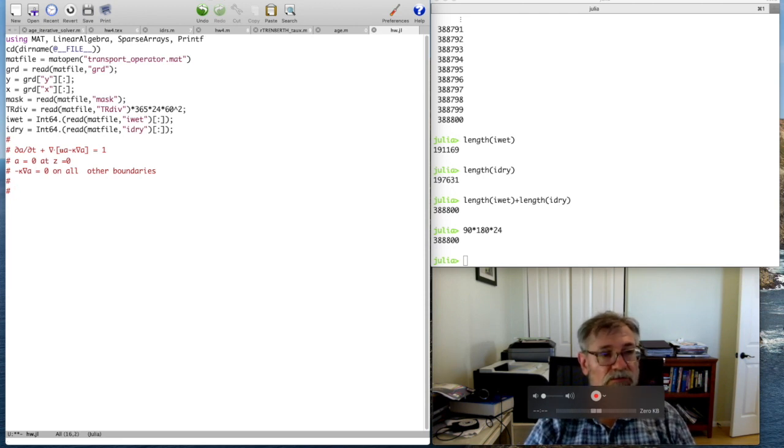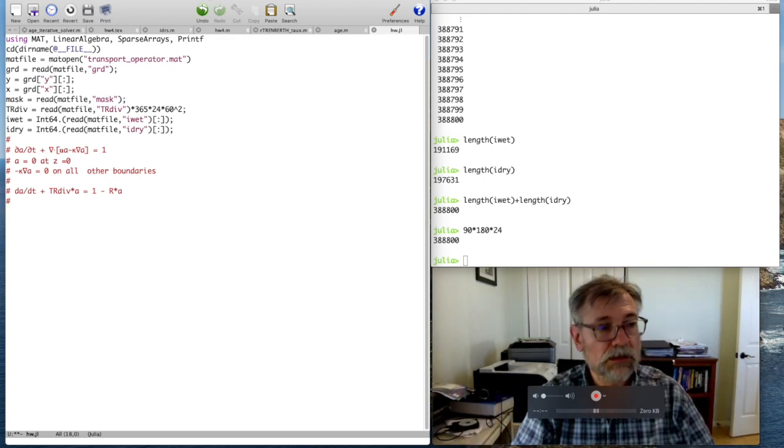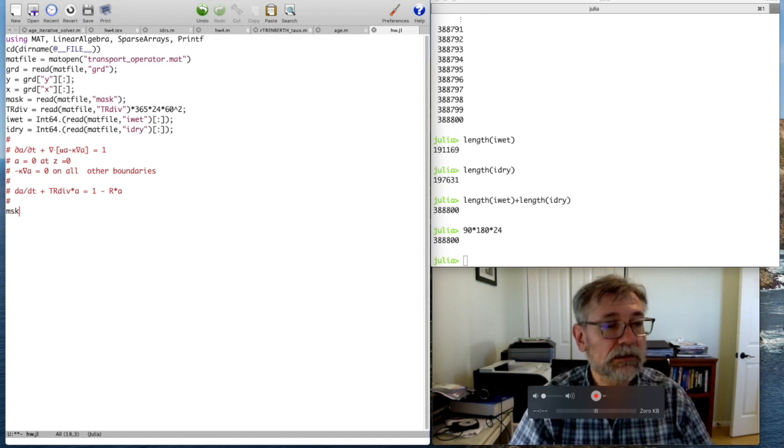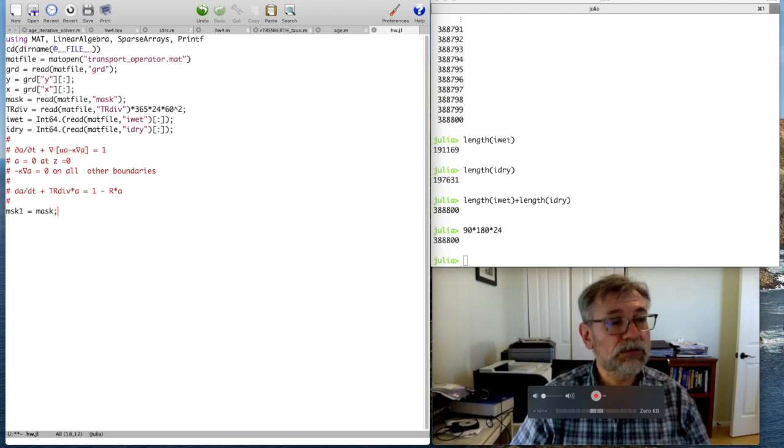So the discretized version: dA/dt plus trdiv of A is equal to 1 plus this restoring term, minus R times A. And R is this restoring operator, which doesn't exist, so we need to create it. First, we're going to make a mask1, which is going to be equal to the original mask, which we already read.